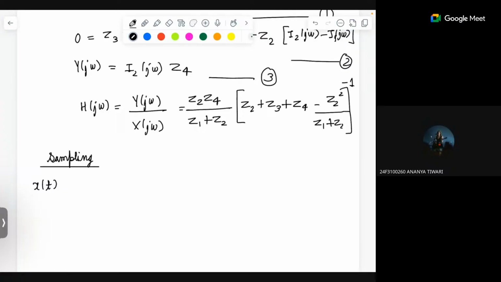It is multiplied with impulse train. And we want to find, when x of t is multiplied with impulse train, we will get a discrete time signal. And we want to find the spectrum of this sampled discrete signal.